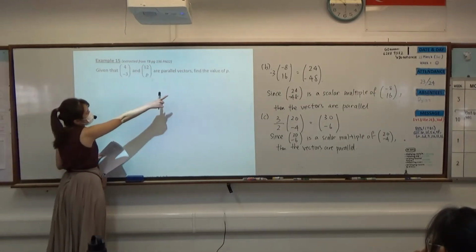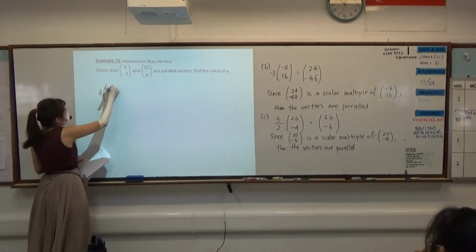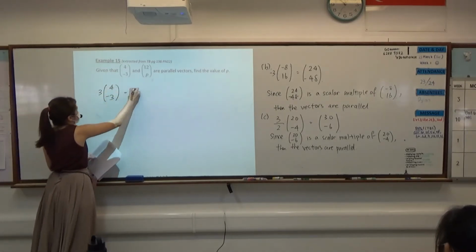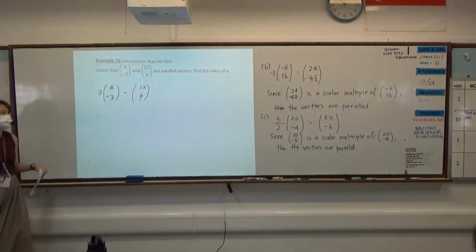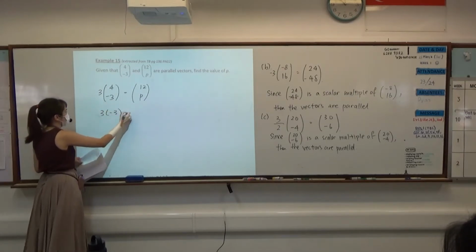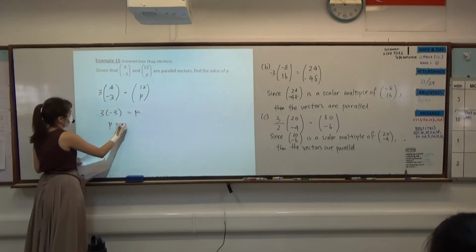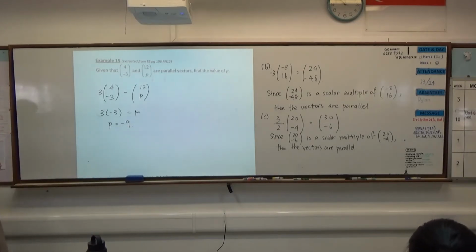That will help us find the value of p. So 3 times 4, negative 3 should give us 12, p because they are parallel. So 3 times negative 3 equals p, and p will have to be negative 9.